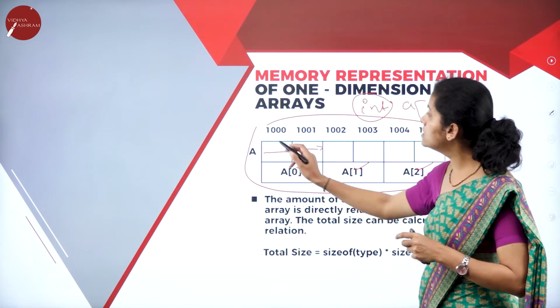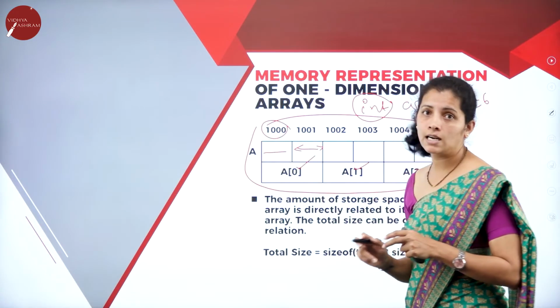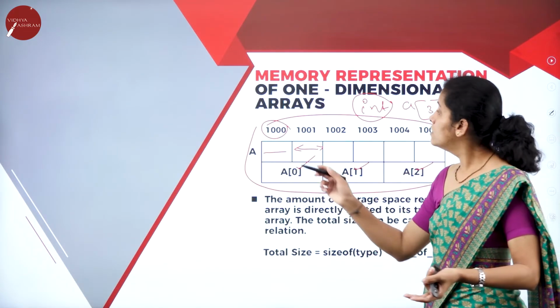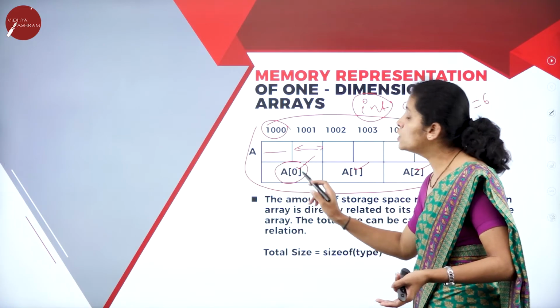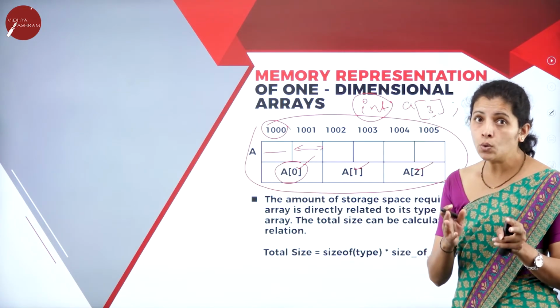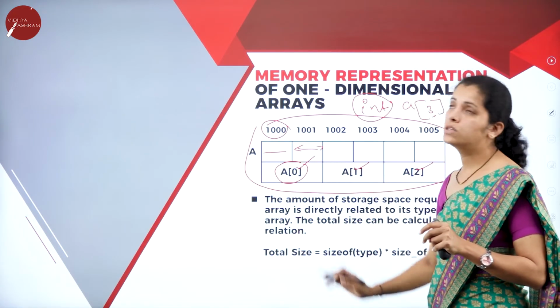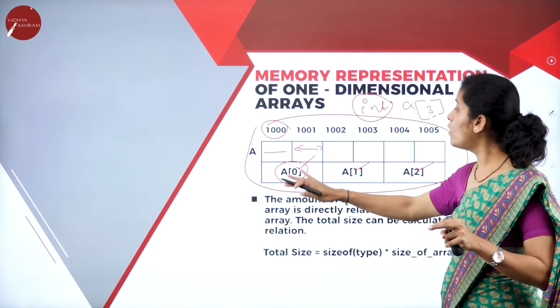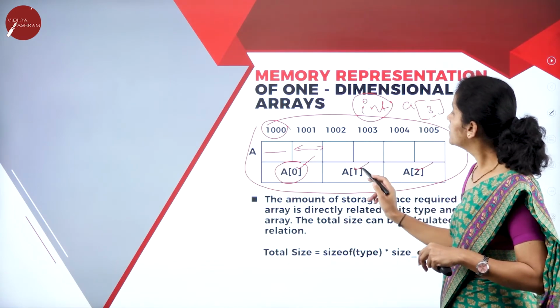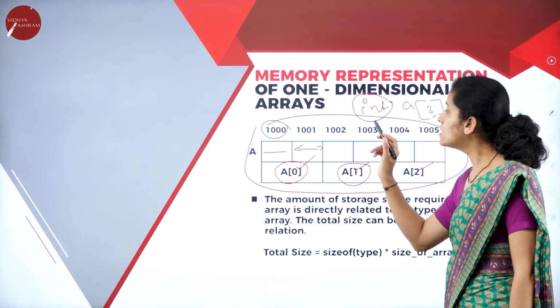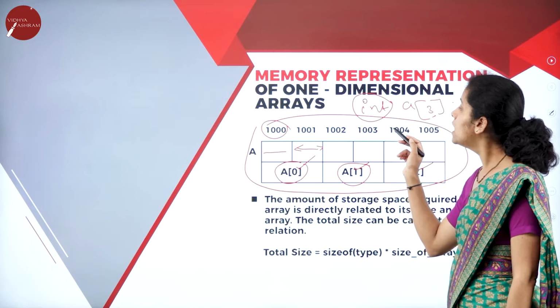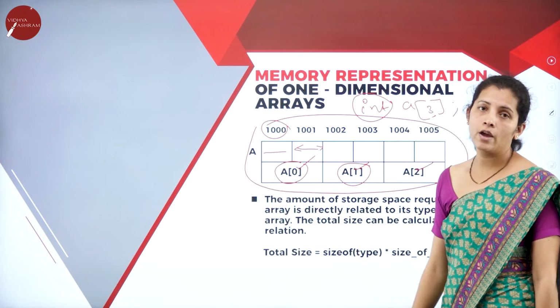For that reason, if the memory address starts from 1000, the A of 0 holds 2 byte memory address, that is 1000 and 1001 is reserved for A of 0. See here, if I consider A of 1, 1002 and 1003 are reserved for this A of 1.